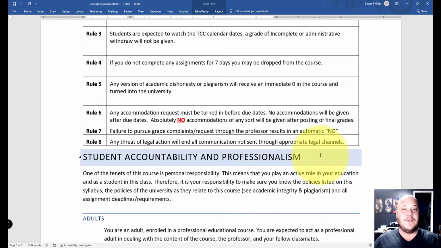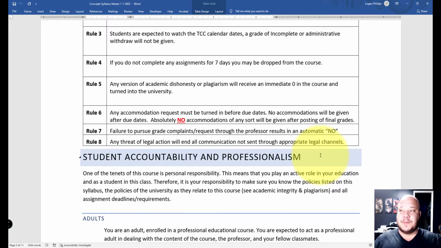The only way to modify it after that point is to go through the grade appeal process. And it says right here in the syllabus, in the announcements, in the student contract, in a bunch of other places, no accommodations will be given after a due date from your pacing schedule, and absolutely 0 accommodations will be given after the final grades are posted.